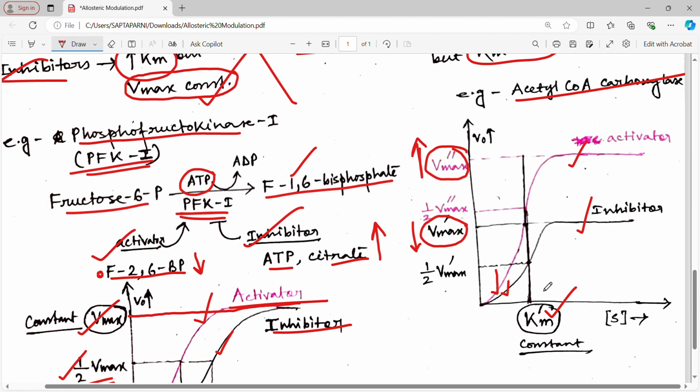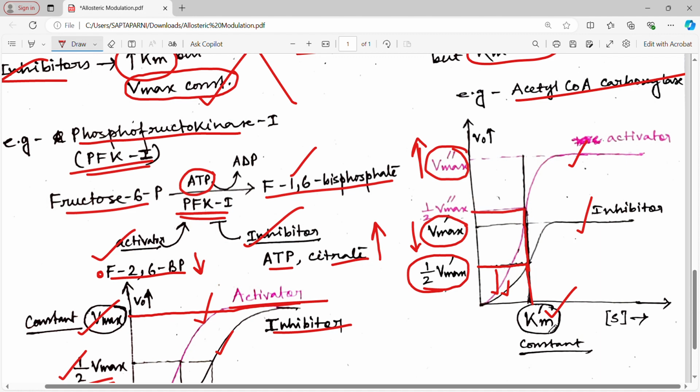And why is Km, or the substrate concentration at which the Vmax value is half, constant? Because see here, this is the substrate concentration of the inhibitor bound allosteric enzyme, okay, and this is the substrate concentration of the allosterically modulated enzyme in the activator bound state.